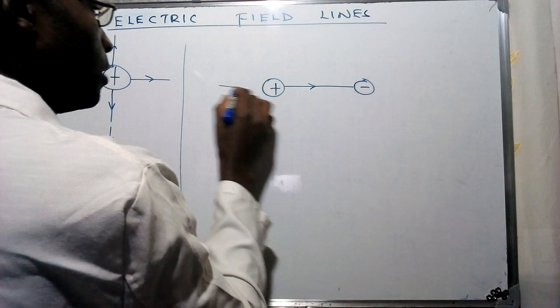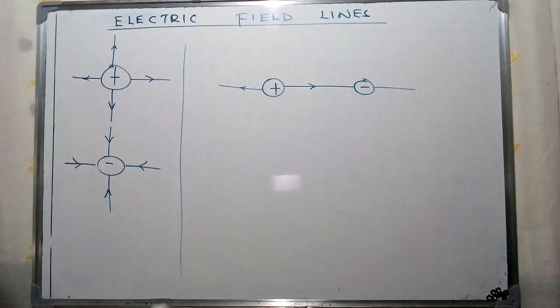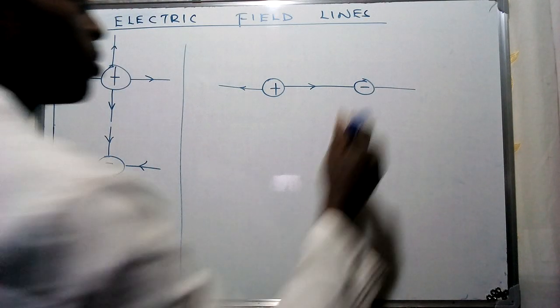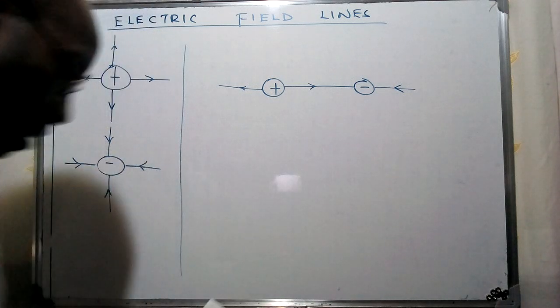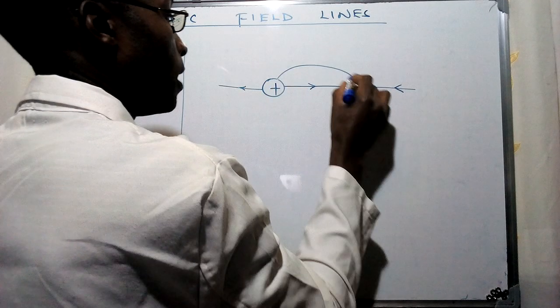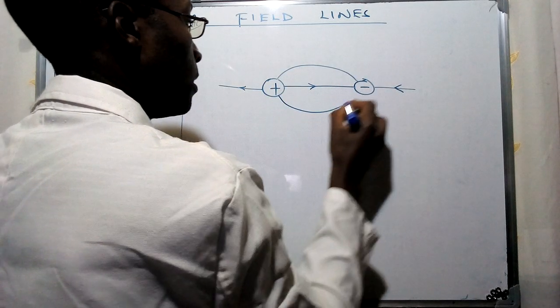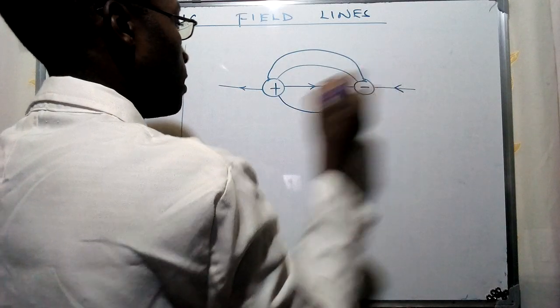And therefore, I'm going to illustrate what basically these specific concepts are going to imply. So in this case, we're going to have these specific lines going towards that negative charge particle. And then we're going to have other lines going in this specific direction as such.